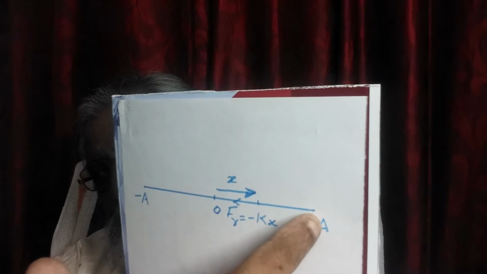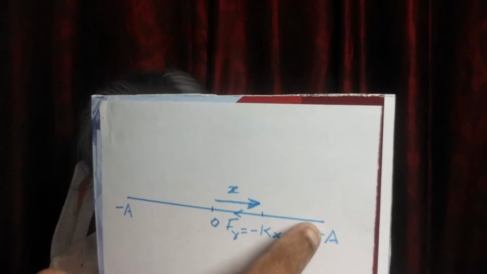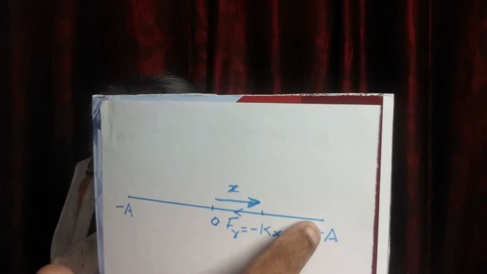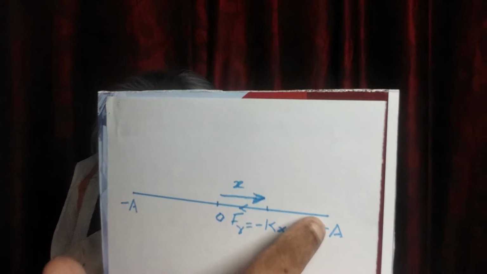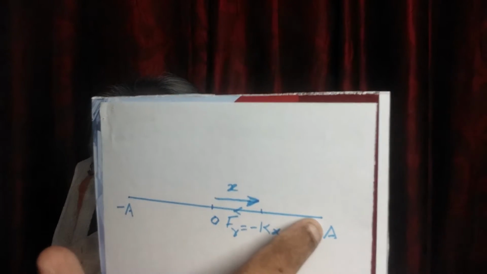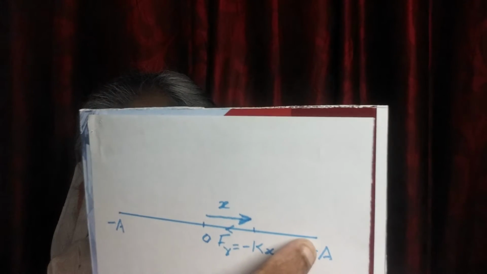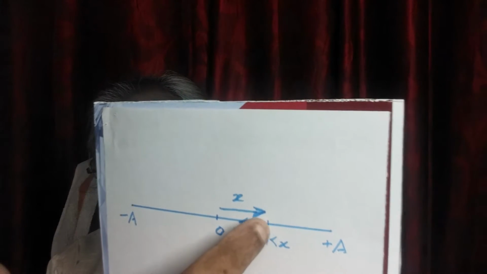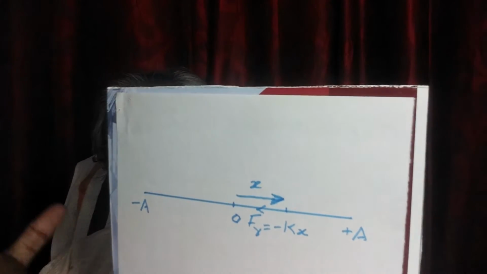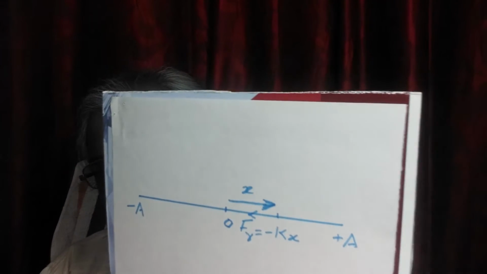Ultimately, at the right extreme, the vibrating system gives in to the restoring force. It stops there and comes back as a good boy. Now the spring is getting relaxed.